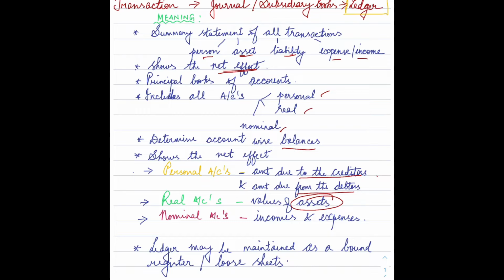Whereas nominal accounts pertain to incomes and expenses. To state a few incomes, we can say commission received, or dividend earned. These are various types of incomes, and expenses could be payment of rent, salaries, etc.